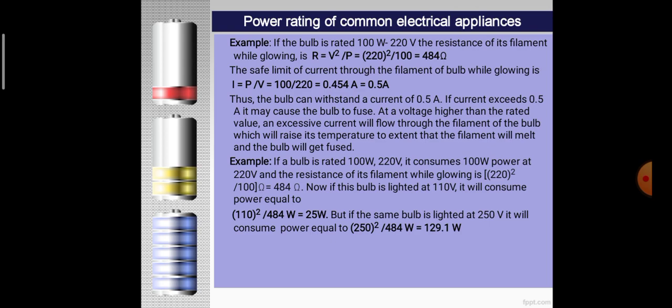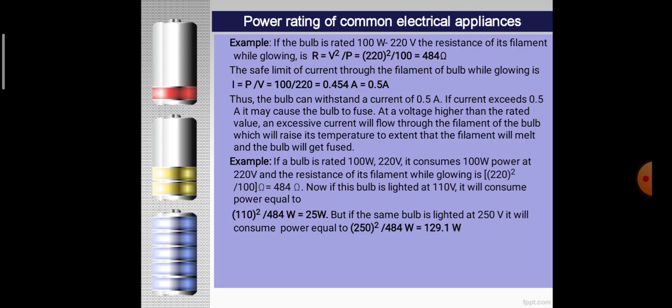If a bulb is rated 100 watt and 220 volt, it consumes 100 watt power at 220 volts, and the resistance of its filament while glowing is 220 the whole square divided by 100, which is 484 ohm.